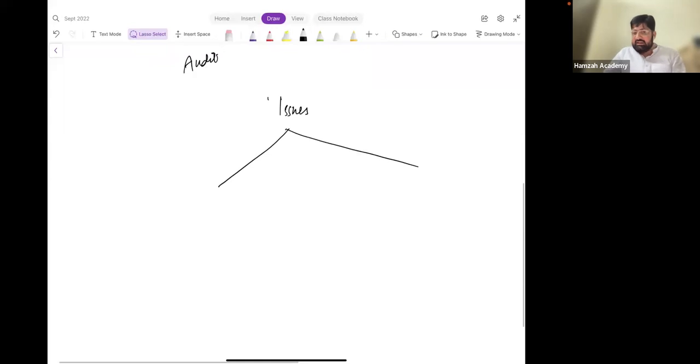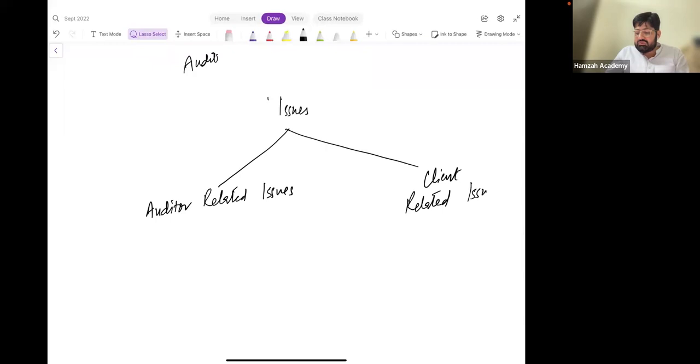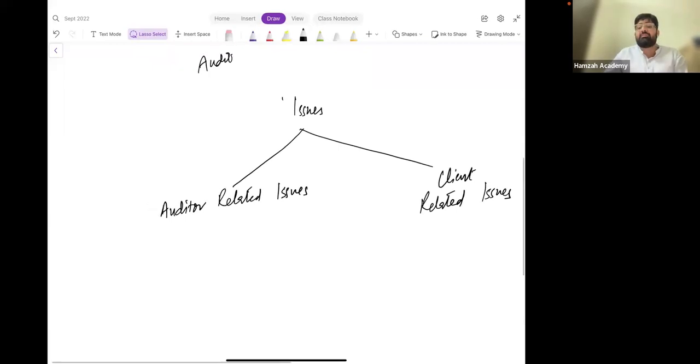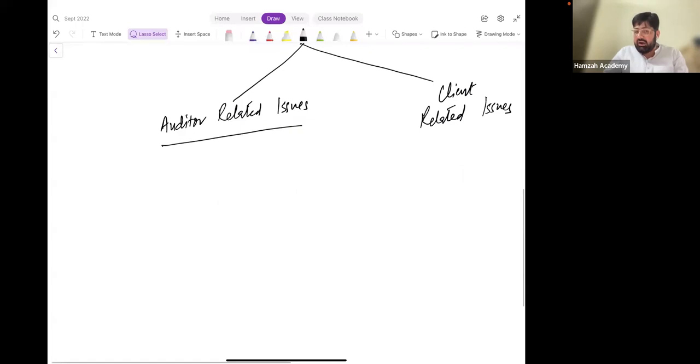One is called auditor related issues, and the second is client related issues. Client means the company which wants to get its financial statements audited.